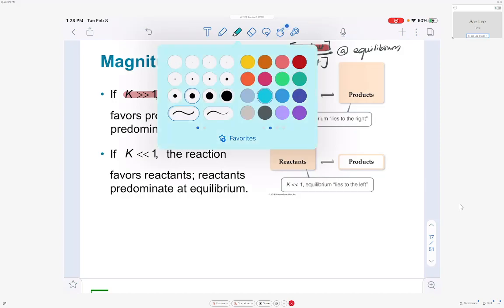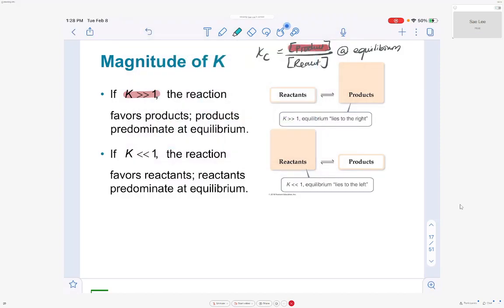Okay. If K is a smaller number, that means you have a smaller number in the numerator and you have a bigger number in the denominator. Okay, this means that you have smaller concentration of product at equilibrium, and you have more reactant.